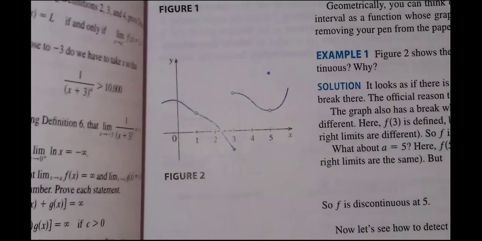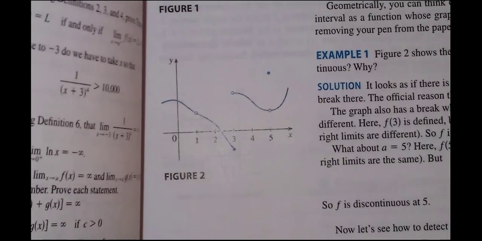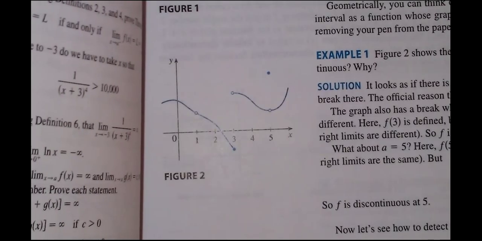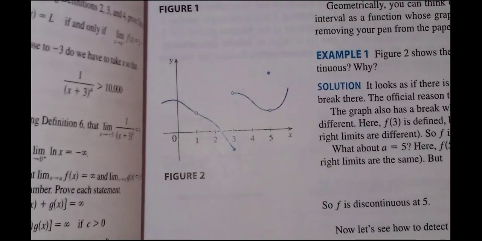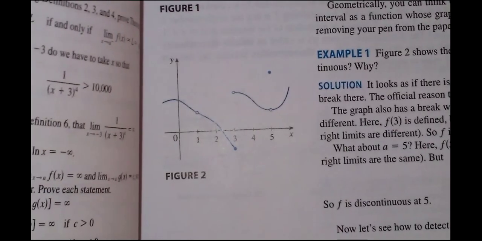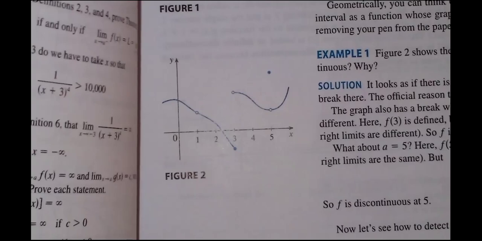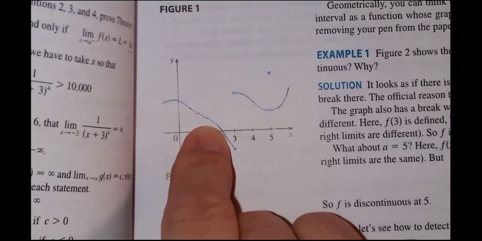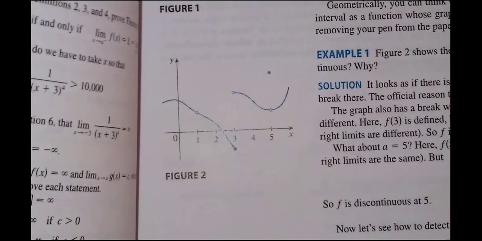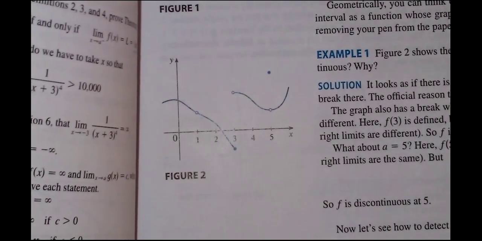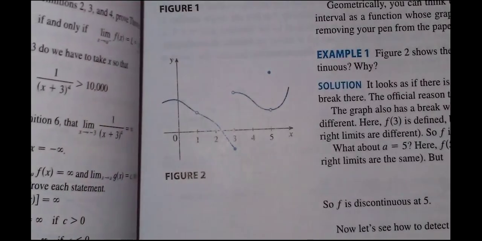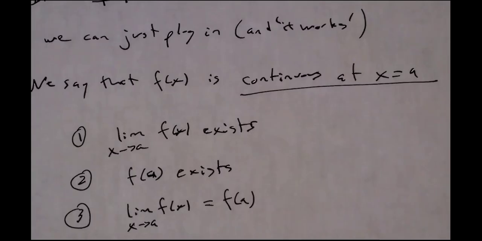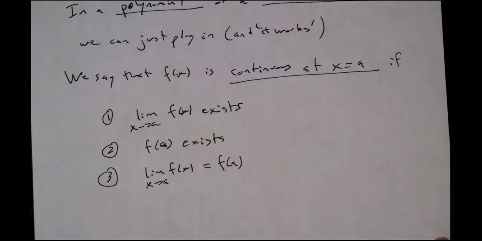But everywhere else on this picture, if we pick any other x value, say 2, as I get closer and closer to 2, from either side, I'm going to the same y value. There's no hole, so there's a dot above 2, and that dot lines up with my limit. So I need to be able to match all three of these conditions.